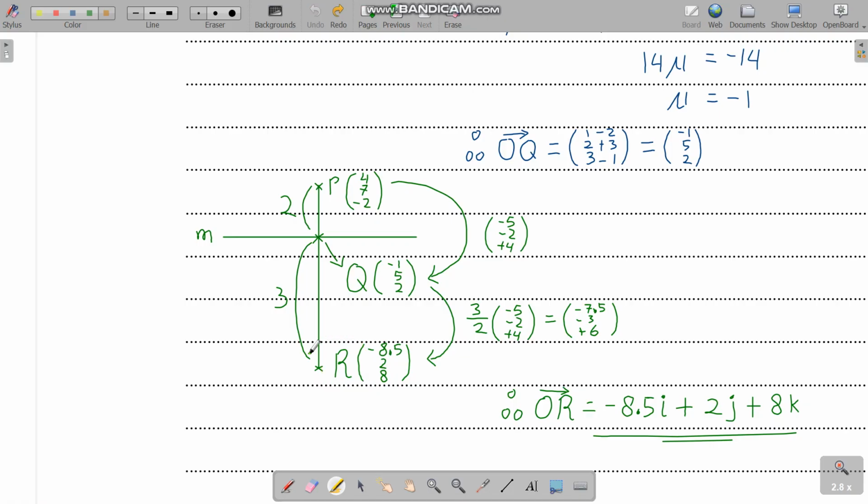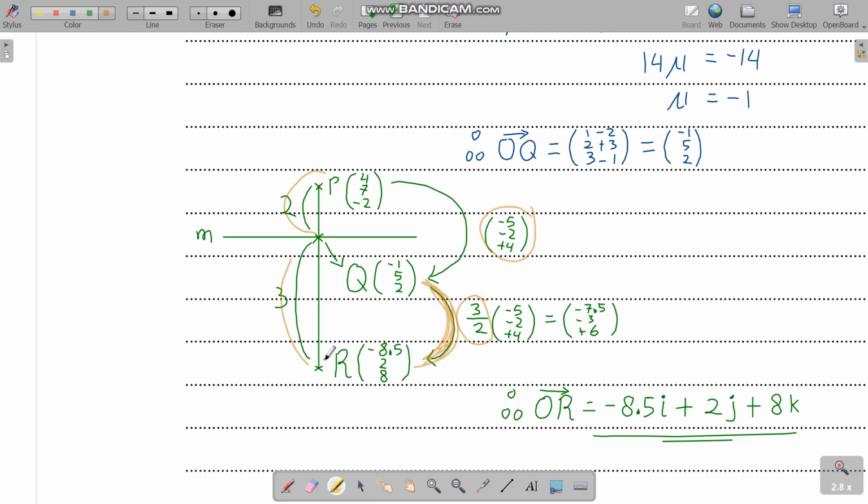Now just look at the pattern as you go from P to Q. What is the process? From P to Q, the process must be minus 5, because 4 minus 5 is minus 1. The process from 7 to 5, that's minus 2. 7 minus 2 is 5. And minus 2 plus 4 is 2. Because of the ratio, this is 3 over 2 times as long, so this process should be 3 over 2 times this process.